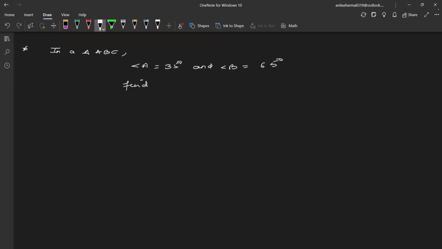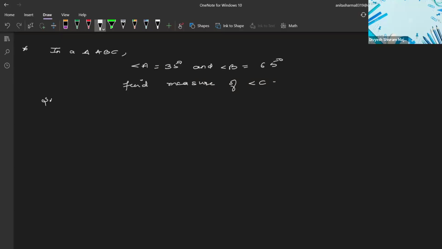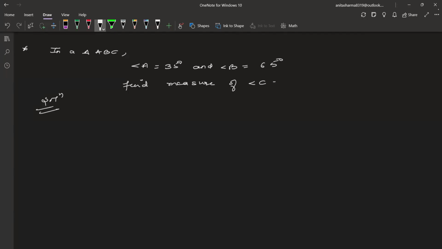Find the measure of angle C. How will you find it, beta? Ma'am, the sum of all three angles is 180 degrees. Yes, so angle A plus angle B plus angle C equals 180 degrees.